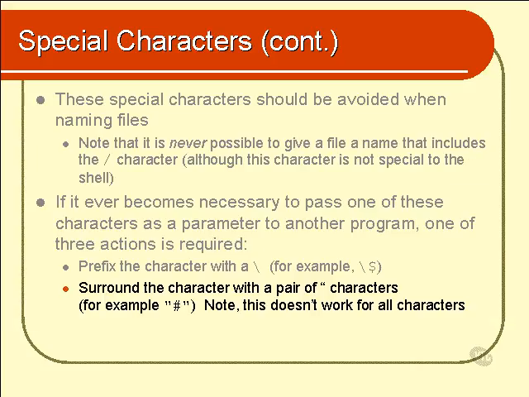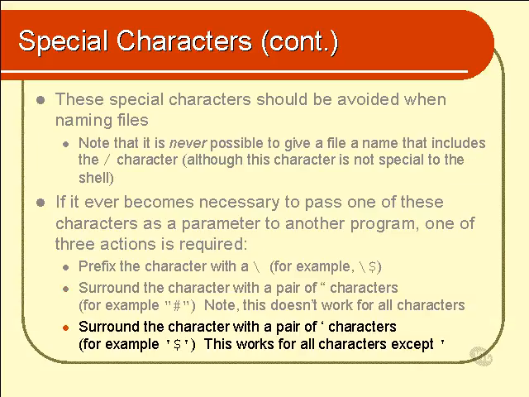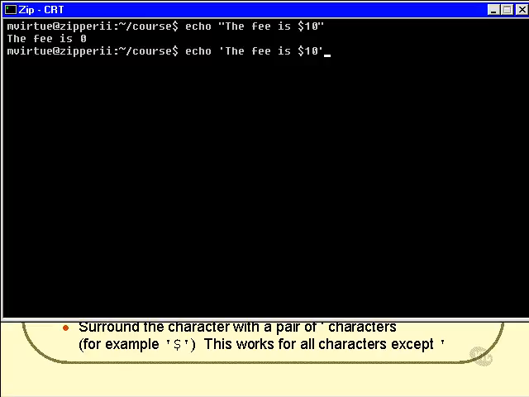That third and final technique is to surround the character with a pair of single quote characters, or apostrophe characters, and you can do this for every character except, of course, a single apostrophe itself. Here's this command again, now with the single quotes, and of course that works perfectly. Notice that the quotes never get echoed out themselves.